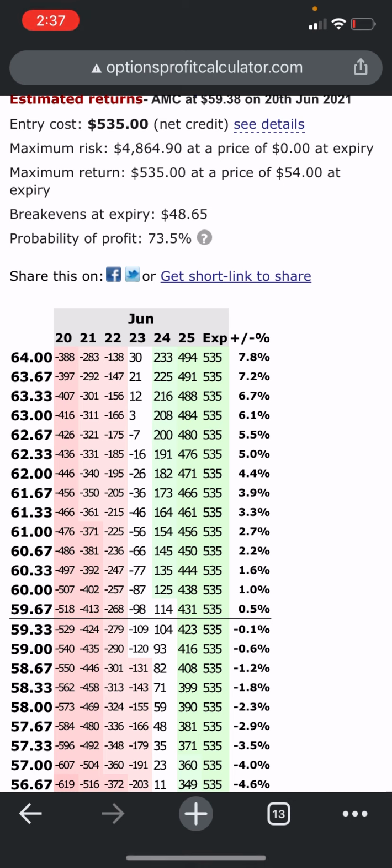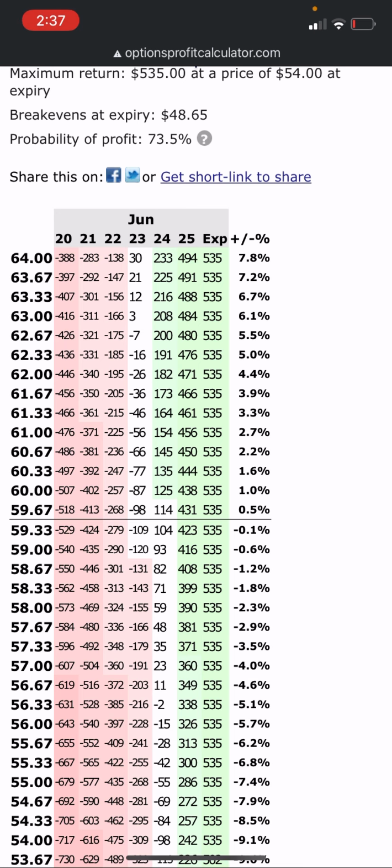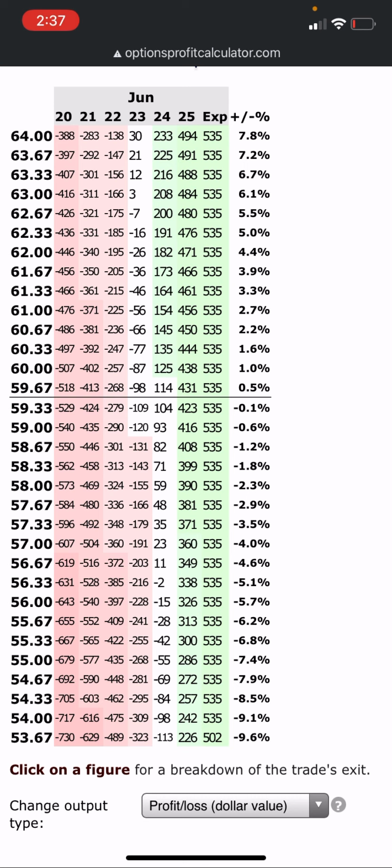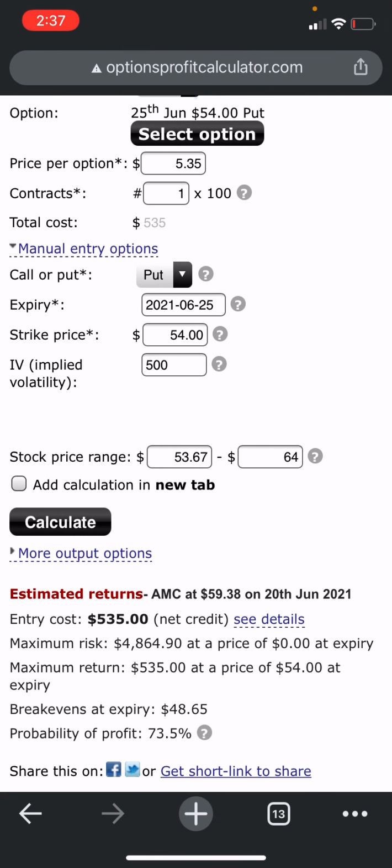But remember, if you short that put and the IV increases on you, you lose money also, but you'll eventually gain it right back as long as it doesn't go in the money. As soon as you start going in the money on that put option, you start losing. So you see the downside risk when it starts to go down. The put starts to become in the money. You don't want that.